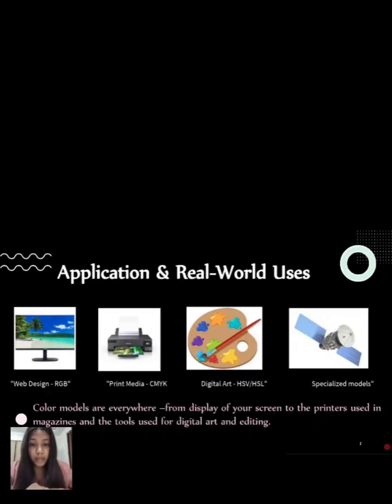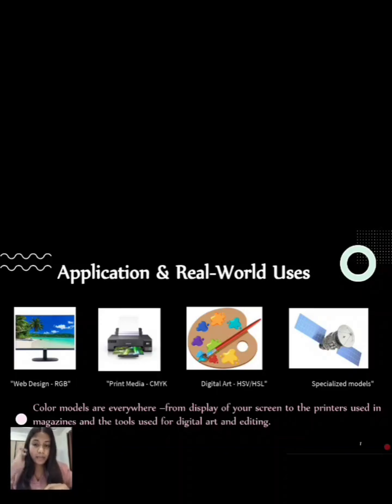Now we'll see the applications and real world use of all these color models. Web designers work exclusively with RGB since all screens use RGB. Print designers must work in CMYK for accurate reproduction, and digital artists prefer HSV or HSL for intuitive color selection and adjustment.